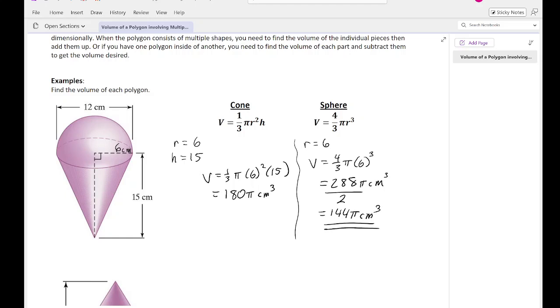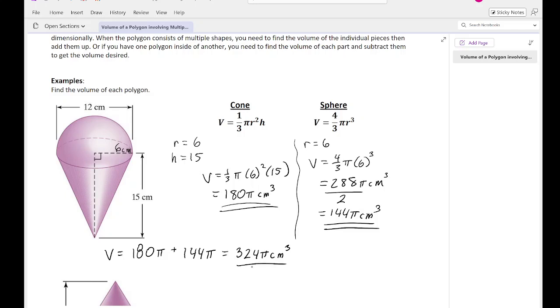So that is the volume of the half sphere that I'm given, and this is the volume of the cone I'm given. Now I can find the volume of the whole thing by adding it. So volume is equal to 180 pi plus 144 pi, and that's going to end up giving me 324 pi cubic centimeters.